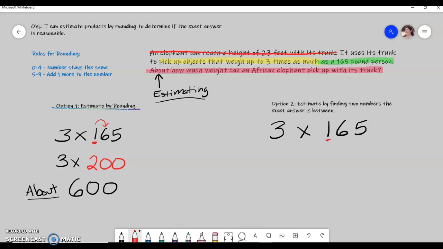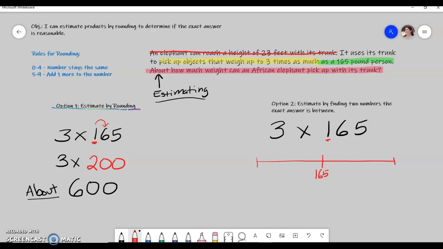If I drew a number line, and 165 is in the middle, and it's not exactly in the middle if we do it a real number line, what would be the next 100 if I rounded up? Because it's 165, 175, 185, 195, 205. Well, 205 is too high. But it goes to 200.